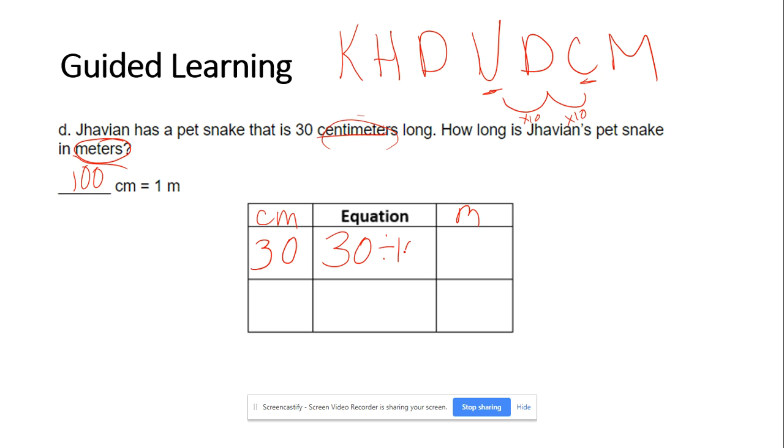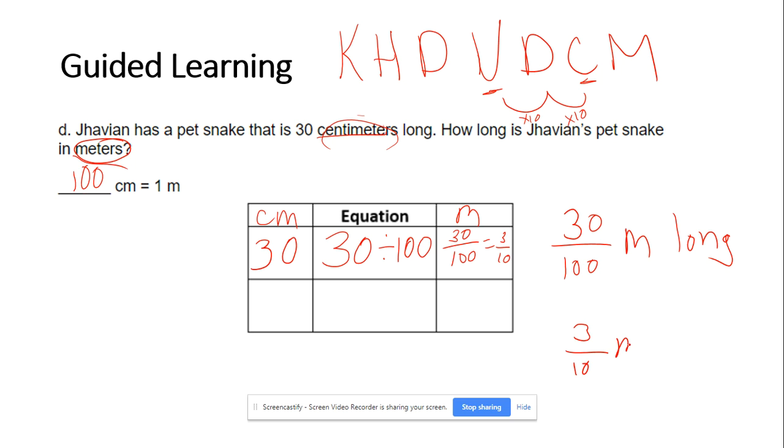We're dividing by 100 centimeters per meter. 30 divided by 100 is 30 hundredths, or 3/10. Either one is fine. They're both equivalent fractions. So Javian's pet snake is 30 hundredths of a meter long, or it's 3/10 of a meter long. Either one is fine.